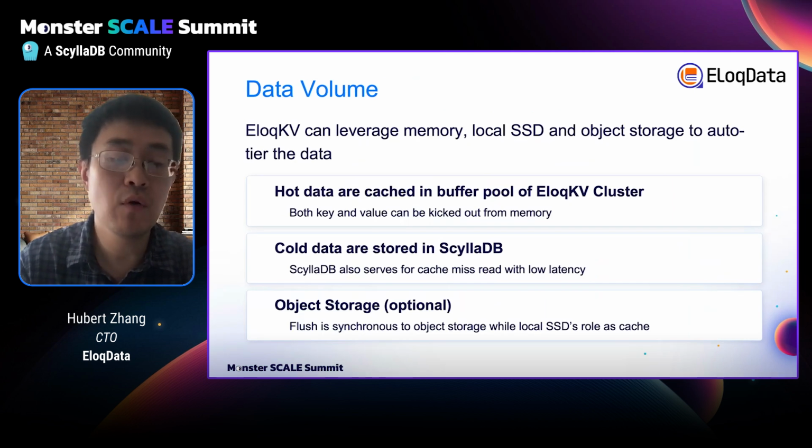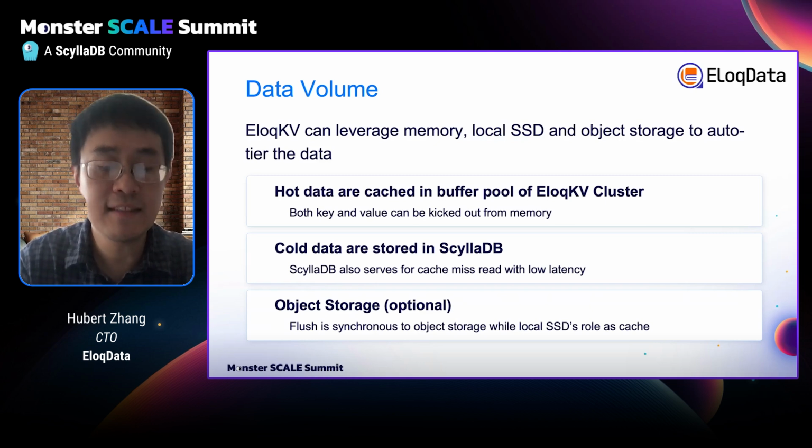Now let's review how the Redis scaling issues are resolved by EloqKV one by one. The first is data volume. EloqKV can leverage memory, local SSD, and object storage to auto-tier your data. Hot data is buffered in EloqKV's distributed buffer pool, which can supply ultra-low read latency.